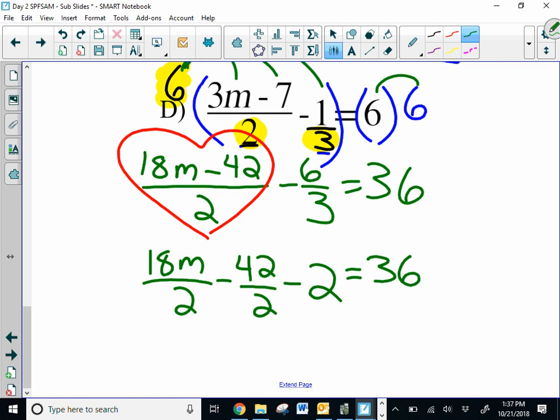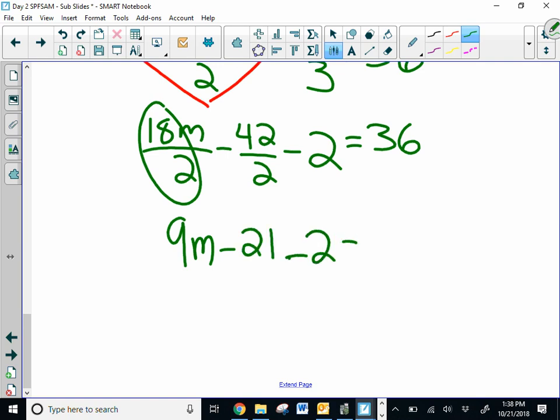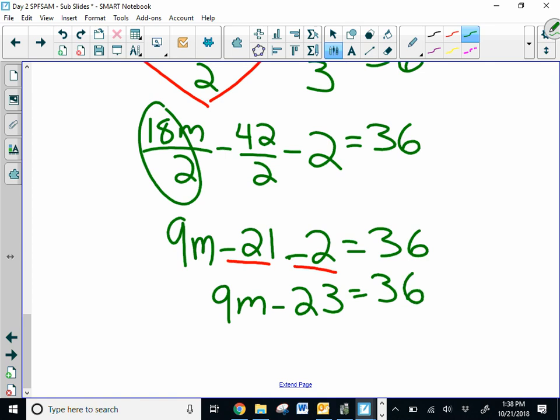And then we got to simplify the rest of this. So 18m over 2, 18 divided by 2, that just becomes 9m minus 42 divided by 2, well, that's just 21, minus 2 equals 36. Then we can combine our like terms. So we get 9m minus 23 equals 36.